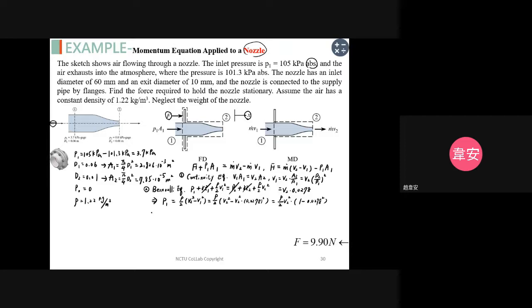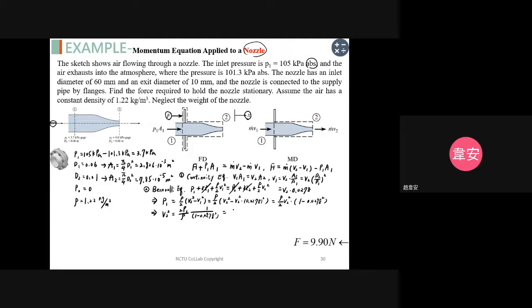So that means V2 squared is equal to 2 times P1 divided by ρ, divided by 1 minus 0.0278 squared.